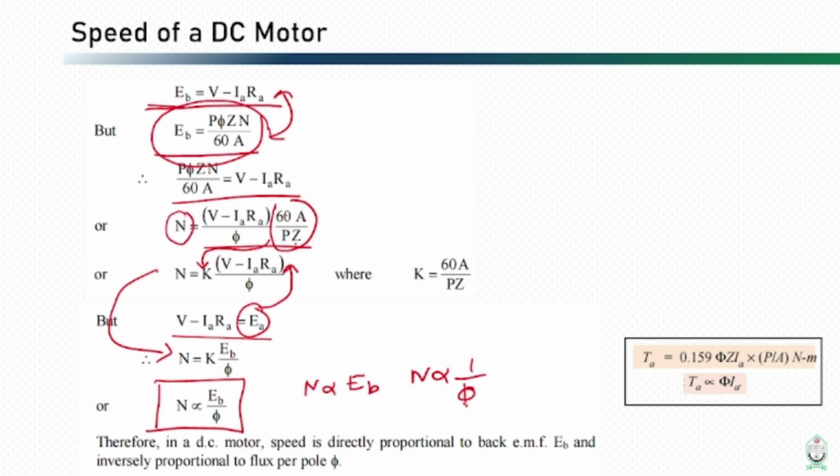If you remember, we saw a similar relationship with armature torque in our previous lecture, that armature torque is proportional to phi I. So that is our takeaway from this speed equation: the speed of a DC motor is proportional to back EMF and inversely proportional to phi.